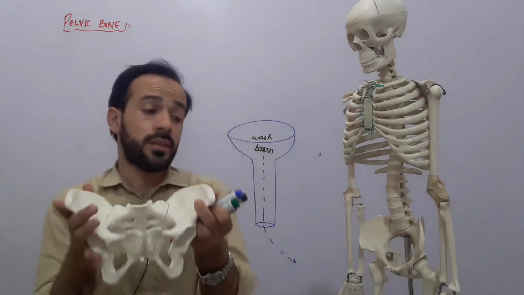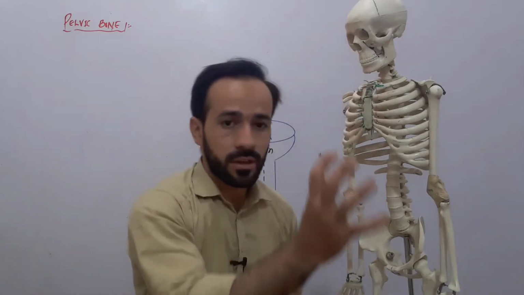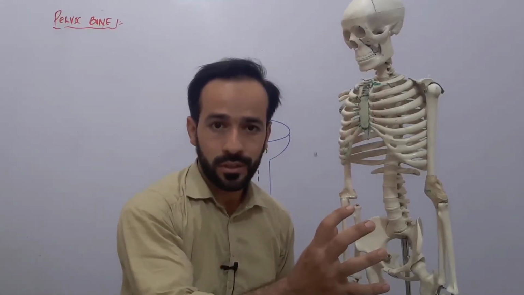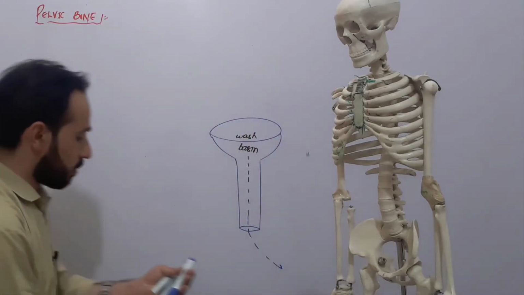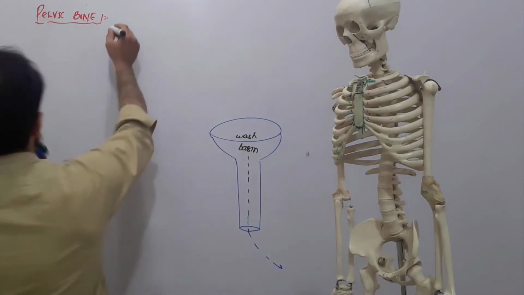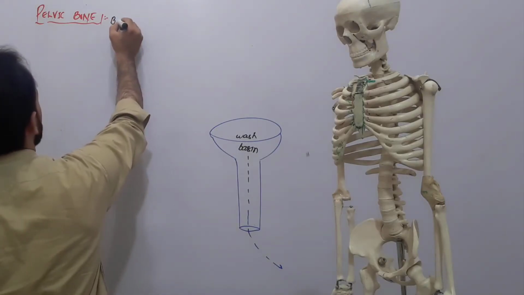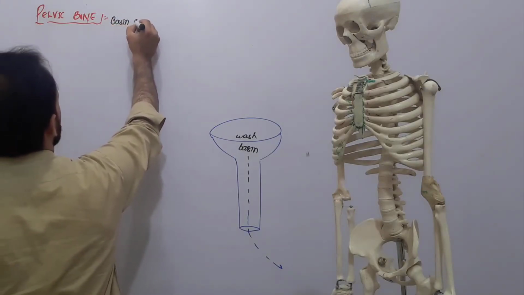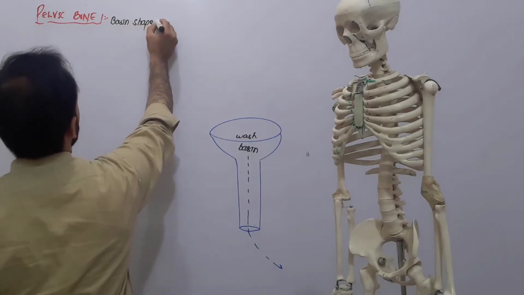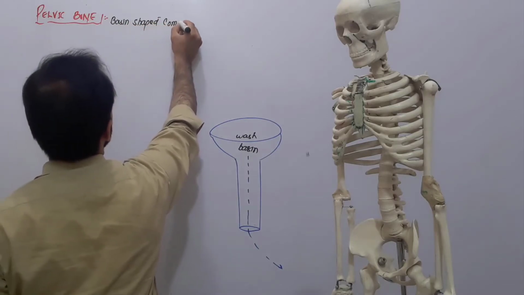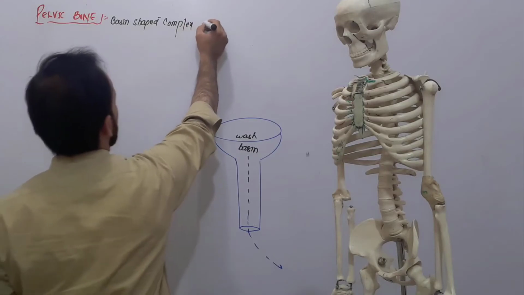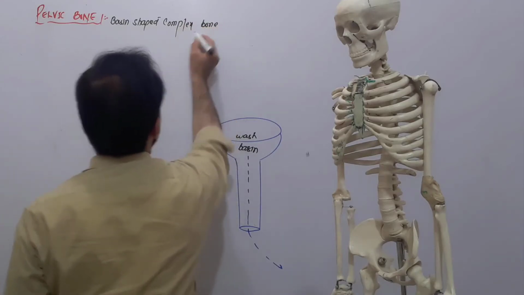Then it connects the trunk of your body to the legs, or the lower limbs. So let me write the definition here. It is a basin shaped complex bone. Why is it called complex?